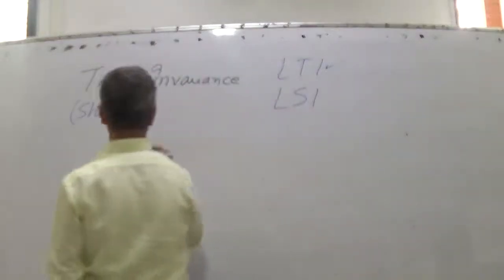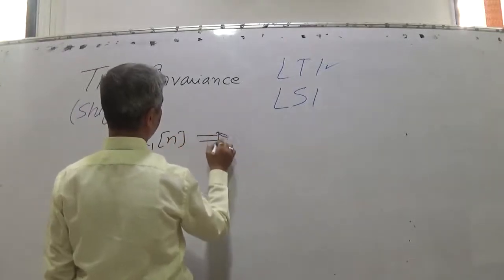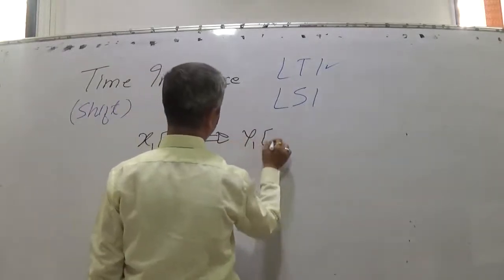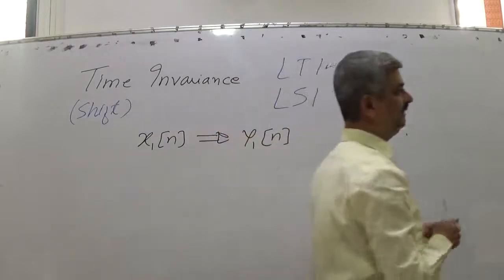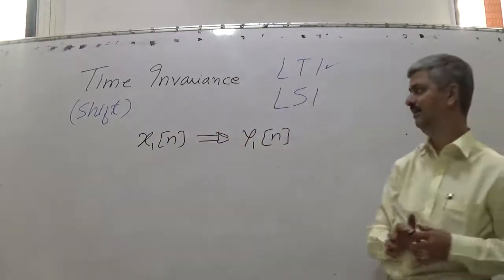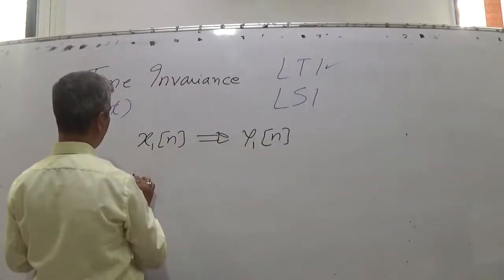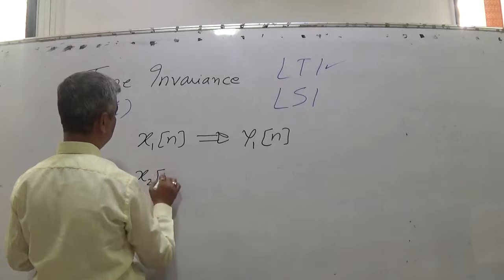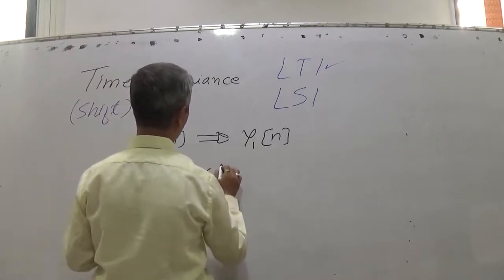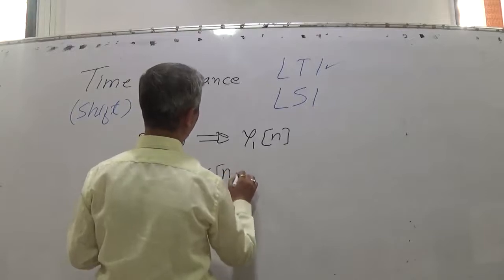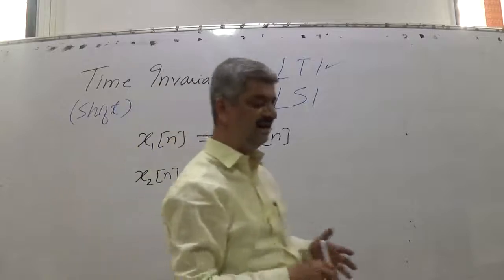Now suppose if I apply x1[n] and I obtain y1[n] from the system. Then if I apply x2[n], let x2[n] be x1[n-1].